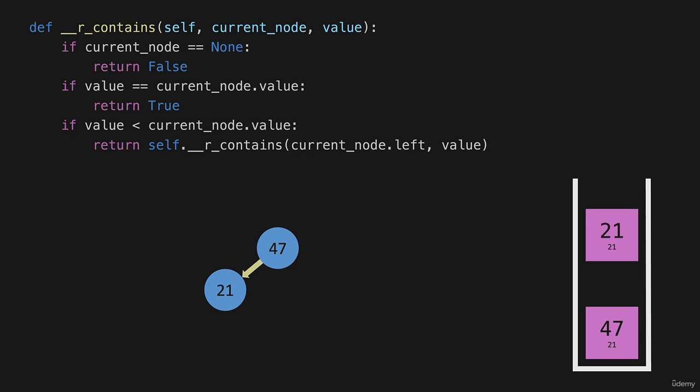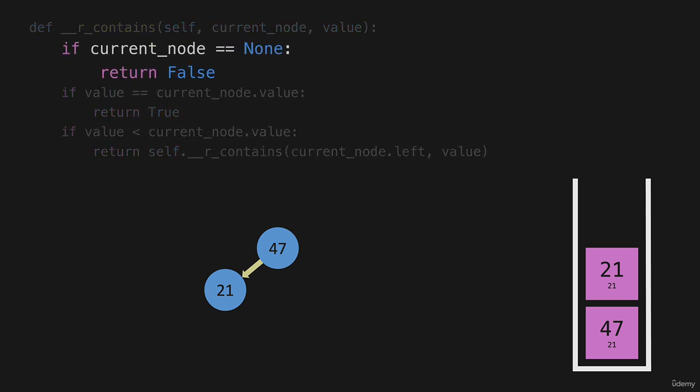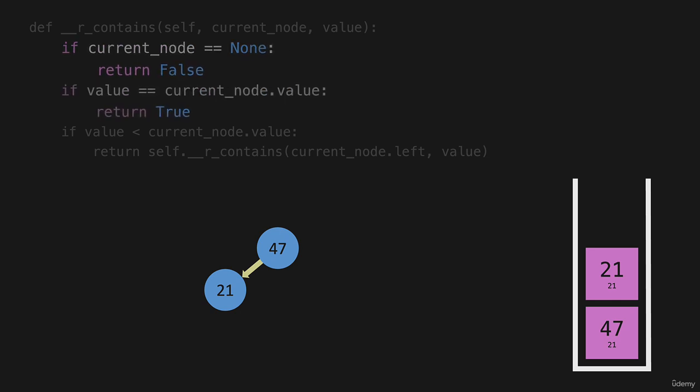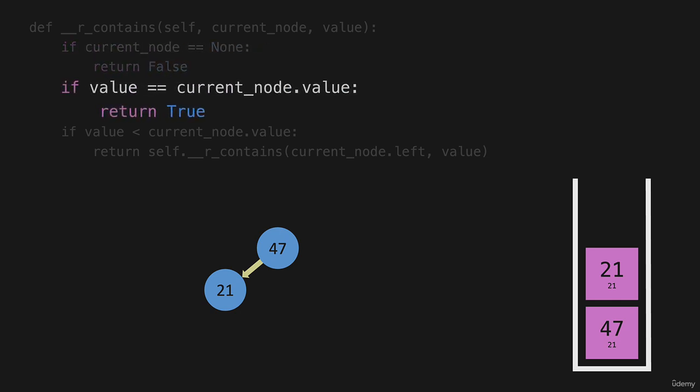So now we'll add this to the call stack. And now this is the active instance. So we'll start at the top and say if current node is equal to none, and that is not the case, and then we'll move down to here. And if the value that we're looking for, 21, is equal to current node value, and it is, we're going to return true.